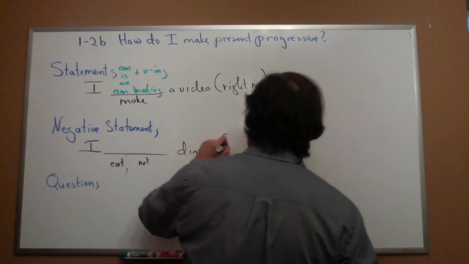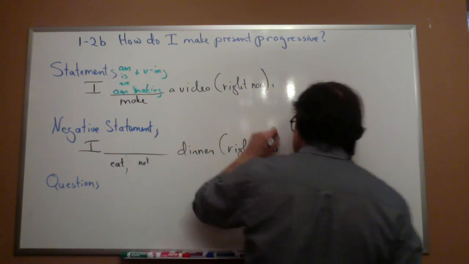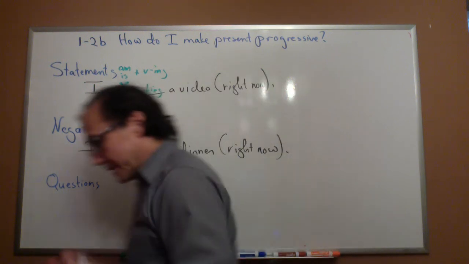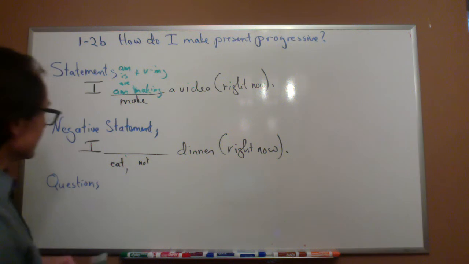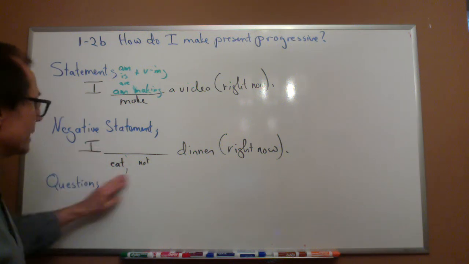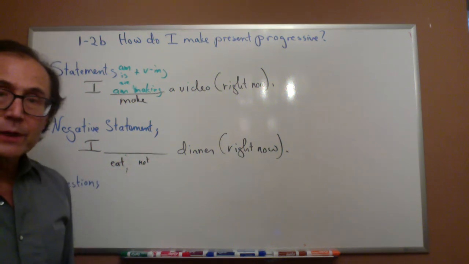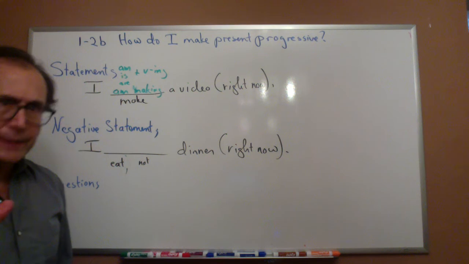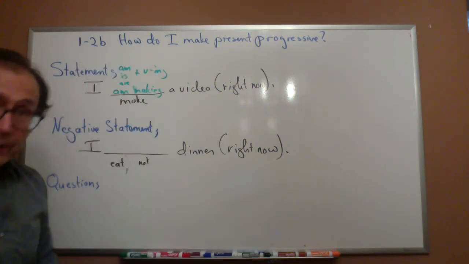And again, I'll put right now, just so that we are very clear in our minds that it's right now. All right, so take a moment and see if you know this already. I blank eat not dinner right now. What should I write in this space? And if you don't know, don't worry, because I'm going to tell you. And you can pause. Remember, you can always pause.